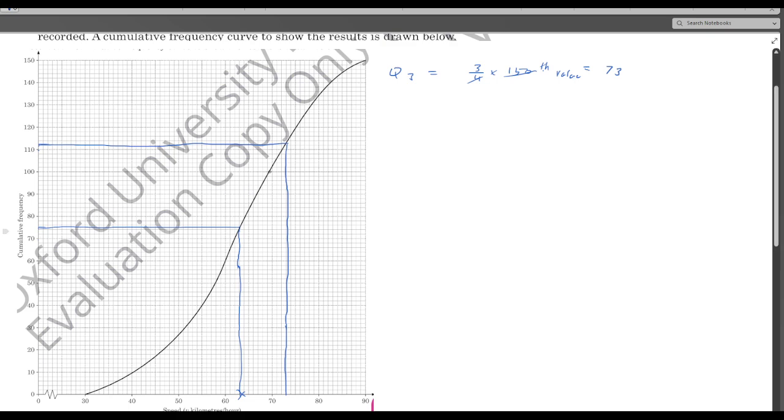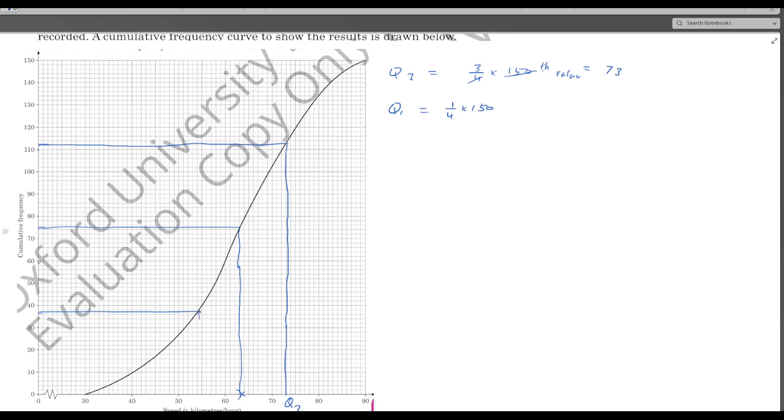Now Q1 is 1/4 of this 150. So 1/4 of 150 is 37.5. So 30, 32, 34, 36, 37.5 will be somewhere here.